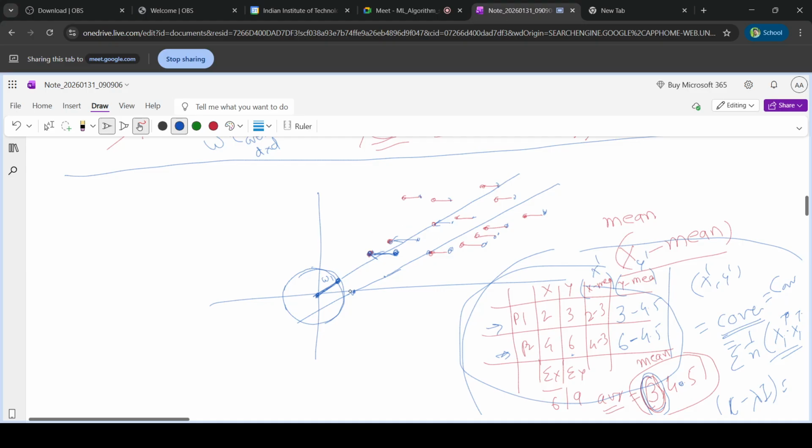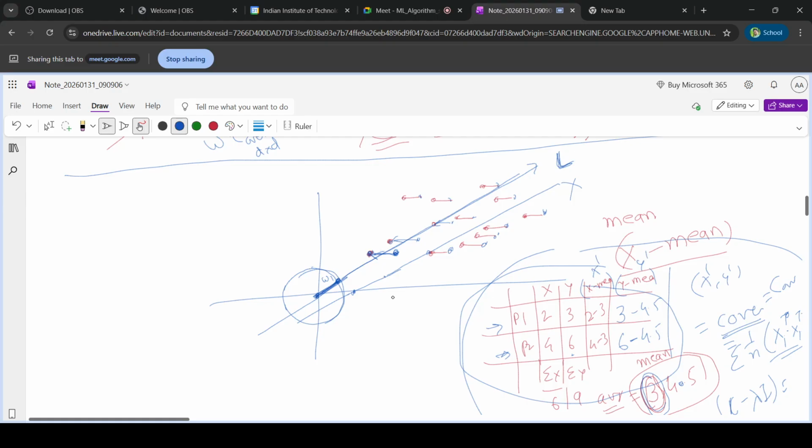Then it will help you to calculate the actual line L1. This is not the correct line. This line is the correct line L, because you are centered and this W goes through that. So it has to pass through the origin, and this is the direction. Okay, so now we understood. Did you understand now here?